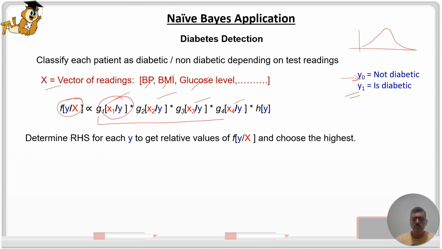You would do the same thing for BMI and so on and so forth, and you would basically then plug in, when given a new input, the values to get f of y given x. Now BP, BMI, glucose level, etc., are continuous variables.